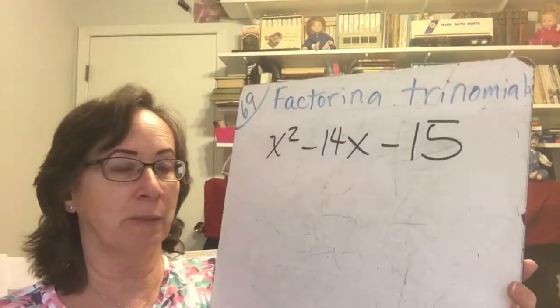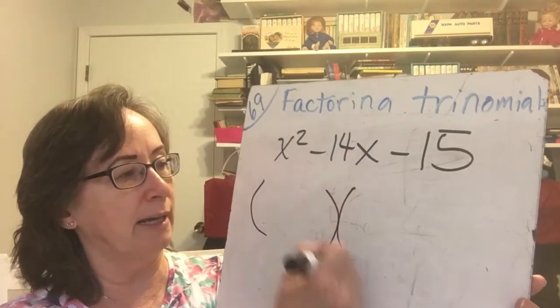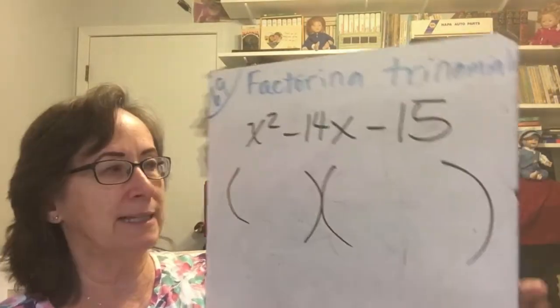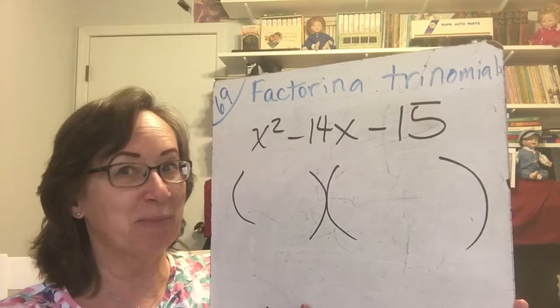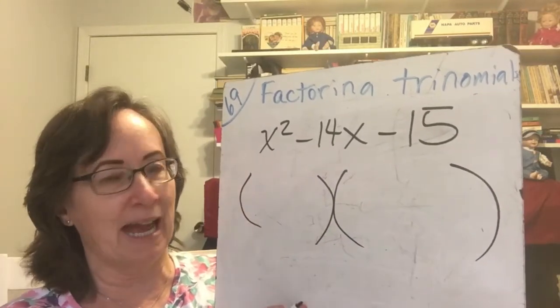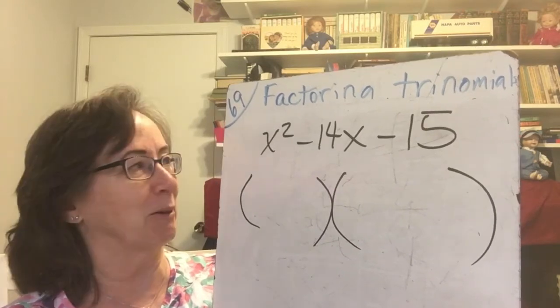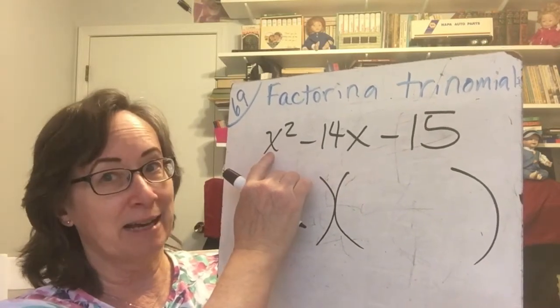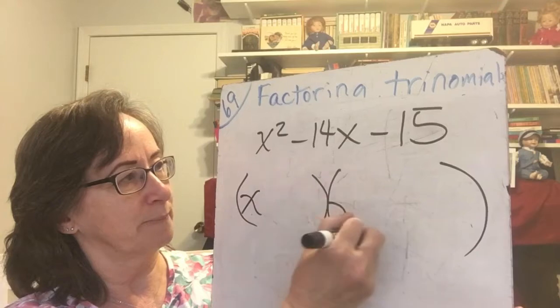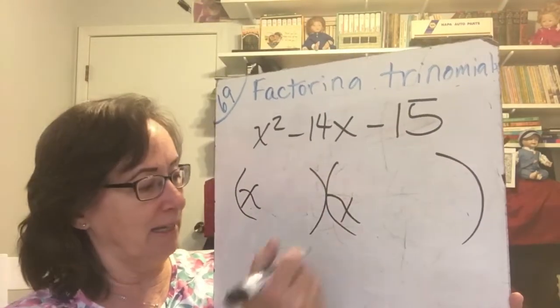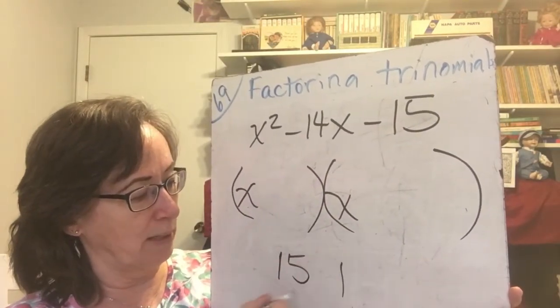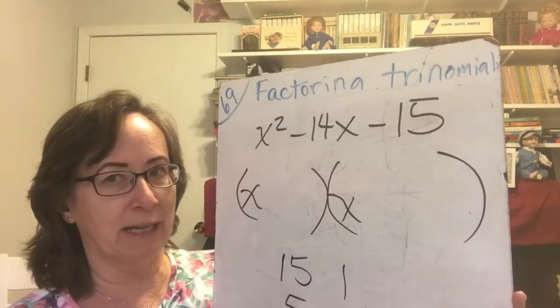Now that you have the box format in your mind, hopefully you can see that maybe it's a little bit easier in writing it out to think of it this way, because when you're done, you don't have a box to erase. X times x. 15 would be 15 times 1 or 5 times 3, okay?